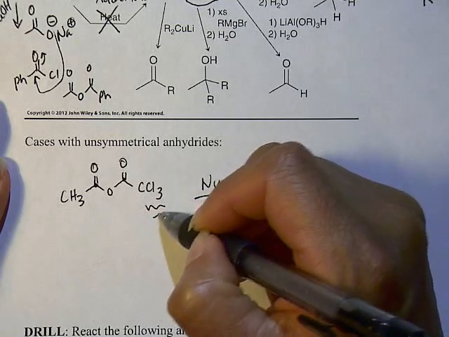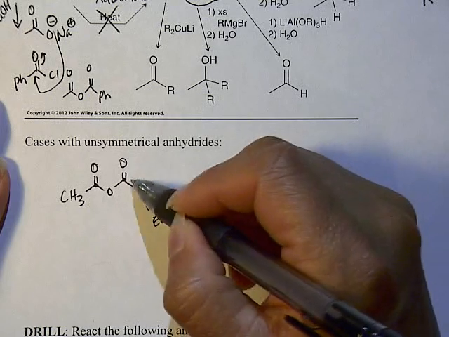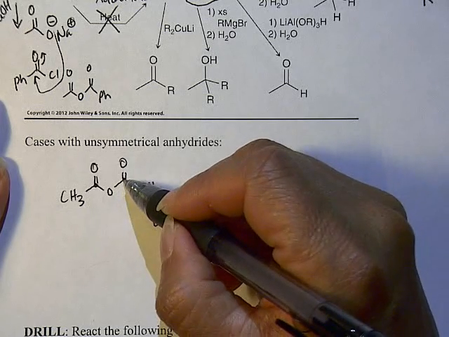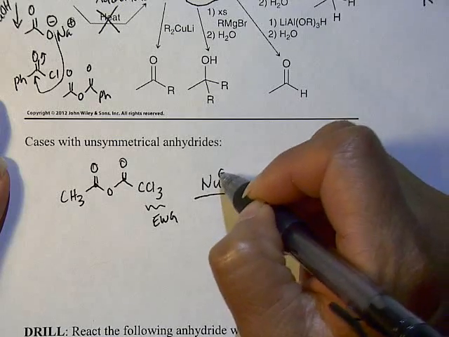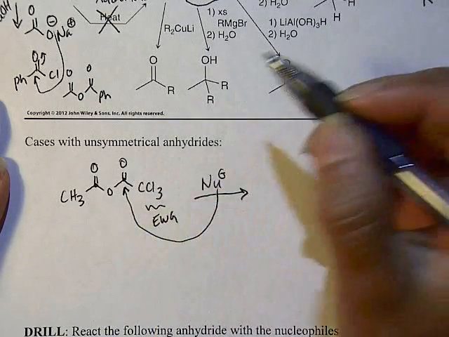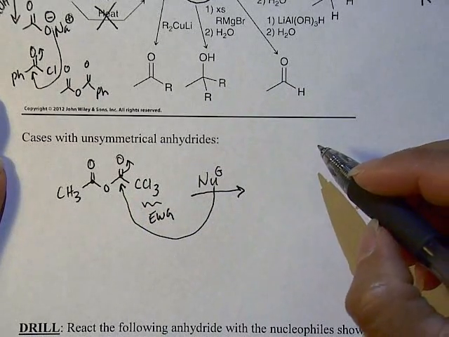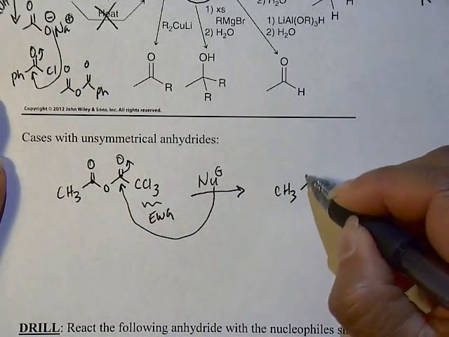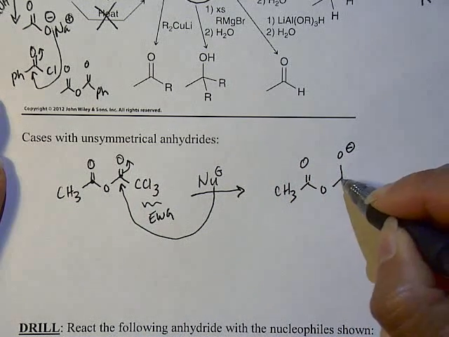So these are all electron withdrawing, pulling electron density towards itself, causing this carbon to be even more electropositive. So don't you think the nucleophile is going to be more attracted to this carbonyl of the anhydride than the other? That would be the prediction.